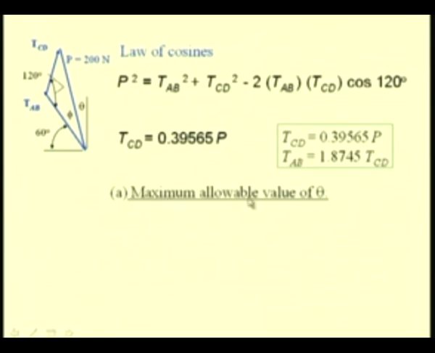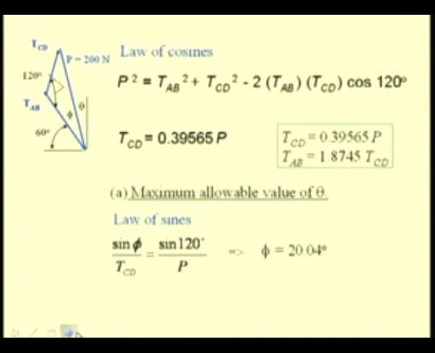So, in order to find this maximum value of the theta, we use this law of sines, which states that sine of this angle divided by this edge length, that is TCD, should be equal to sine of this angle divided by this edge length, which is P. Since we know this phi, we get another relation between TCD and P, and we can solve this to find the force TCD.